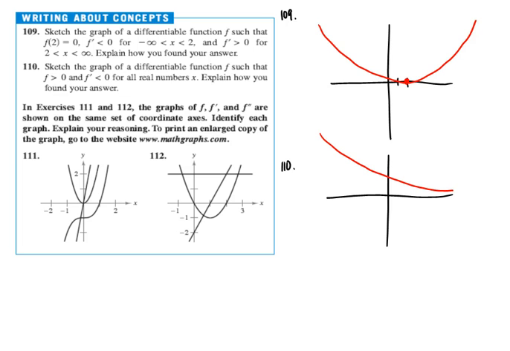Then in problems 111 and 112, the graphs of f, f prime, and f double prime, we have the function, the first and the second derivative shown on the same sets of coordinate axes. Identify each graph and explain your reasoning. Well, one thing that you want to think about, especially with polynomial functions, is that when you start with x cubed and you take the derivative of x cubed, you're going to get 3x squared.